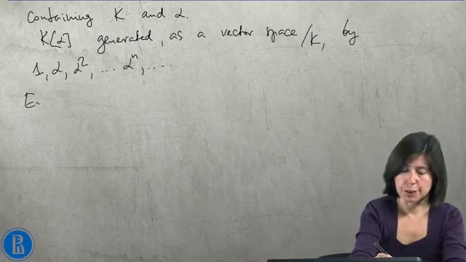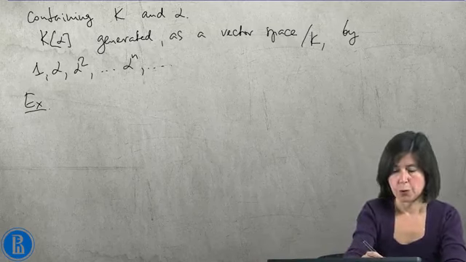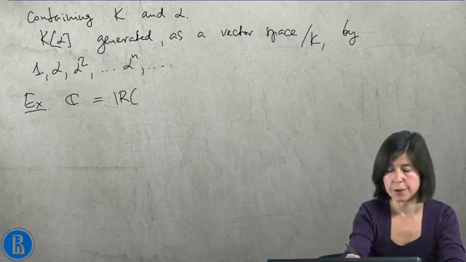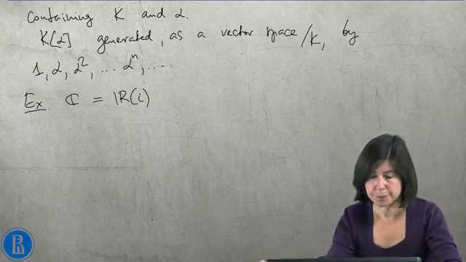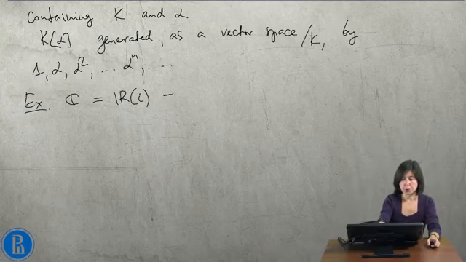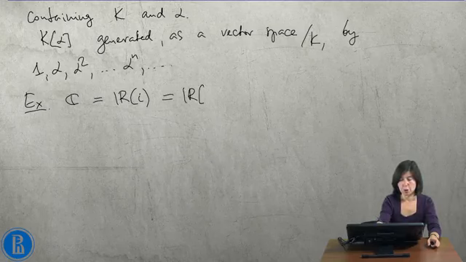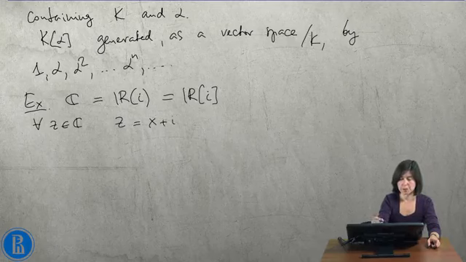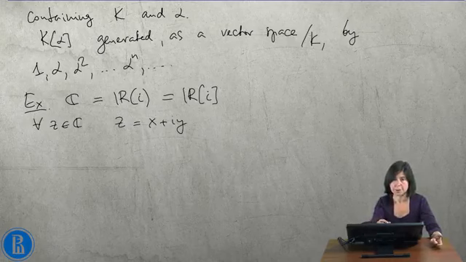So let me give you an example. Of course, C is equal to R of i as a field, but it is also equal to R of i as a ring, because any element of C is x plus i y, where x is the real part and y is the imaginary part.